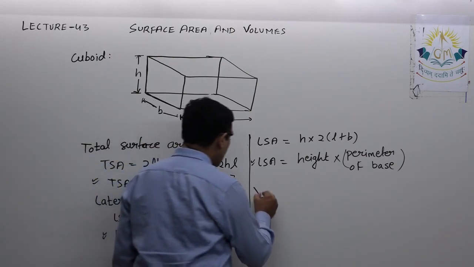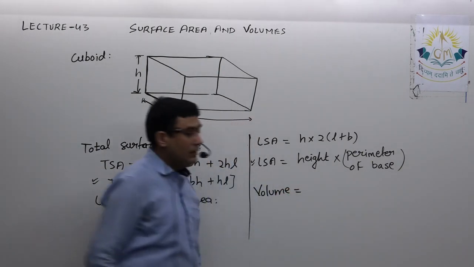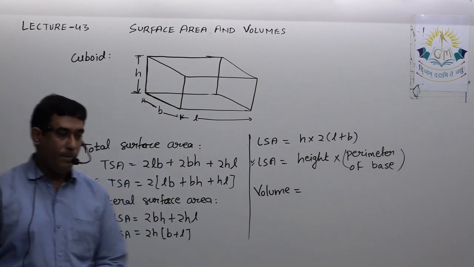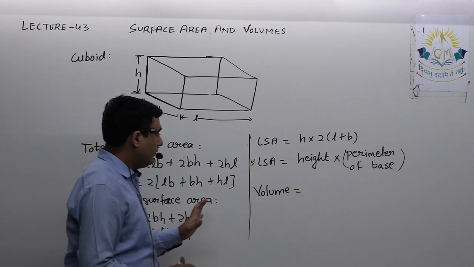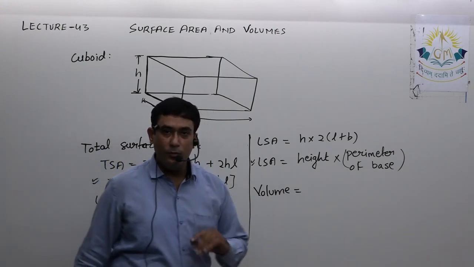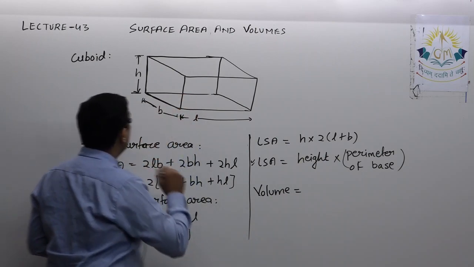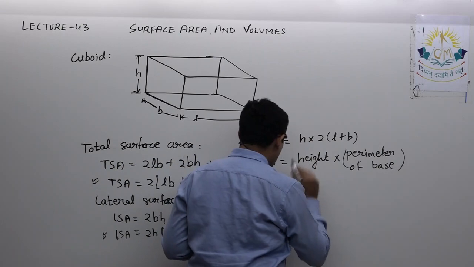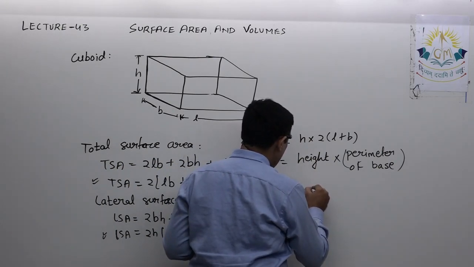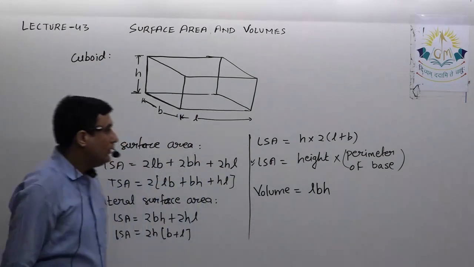Now next we will see volume. In general, volume can be described as the area of base into height. Here the area of base is L into B, and the height is H. So over here volume is equal to LBH, length into breadth into height.